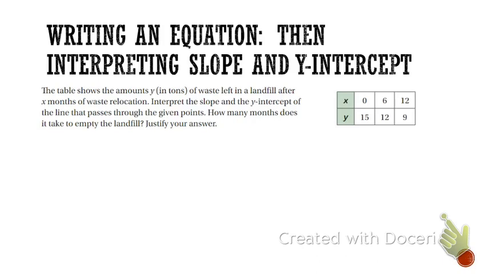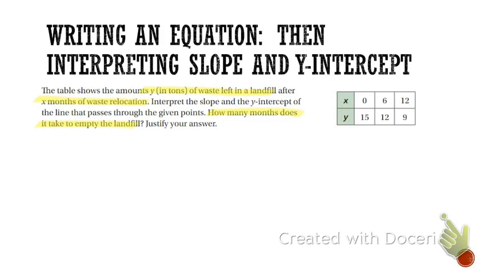So we need to understand what y stands for and what x stands for. y stands for the amount in tons of waste in a landfill, and x stands for the months of the waste relocation. So how many months does it take to empty the landfill? Basically, they're taking it to a different location.